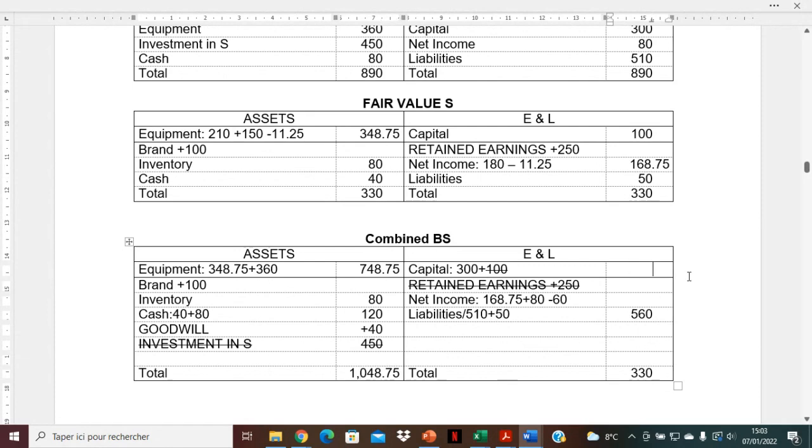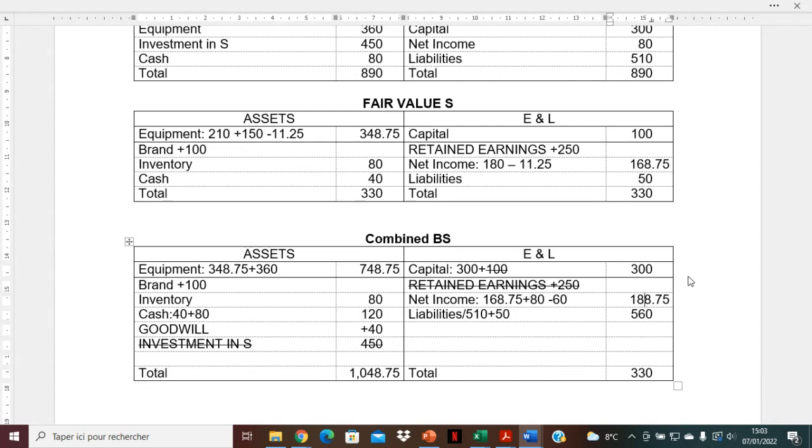That's what we have. And here capital is capital of the parent company. We have a profit of 188.75. That means we have 128. Sorry, that's not correct.